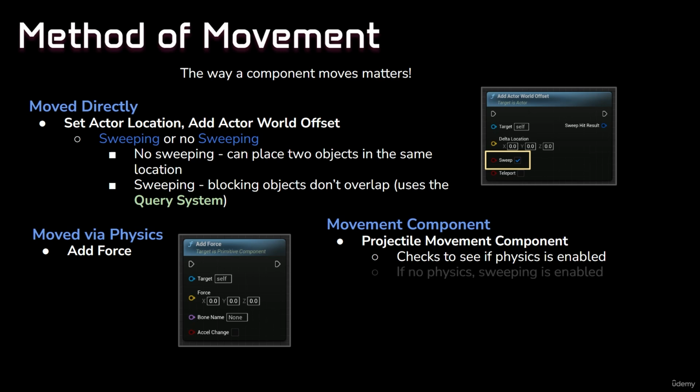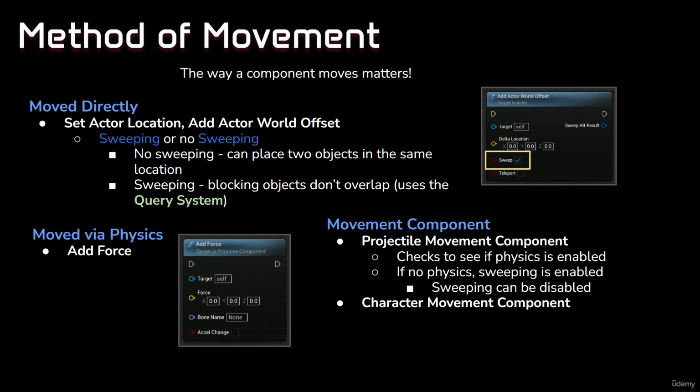If the object is not simulating physics, then by default, the movement component moves the object by updating its location using sweeping. So then the object can be blocked using the query system, for instance. But movement components are highly configurable, and you can disable sweeping on the movement component and just have it update its component's location without sweeping. We also have the character movement component. This is used for moving characters, which we'll get some practice with later on in the course.